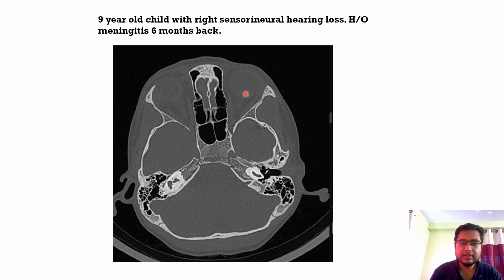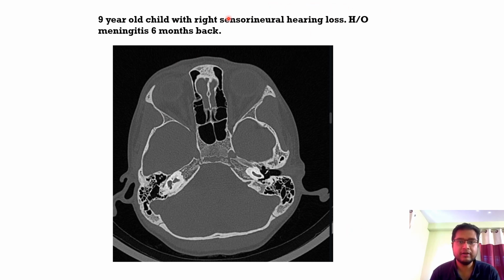So the diagnosis here is labyrinthitis ossificans. Ossification of the cochlea as well as the lateral semicircular canals will give this diagnosis because of the infection that was there 6 months back. That is why this child presented with sensory neural hearing loss.